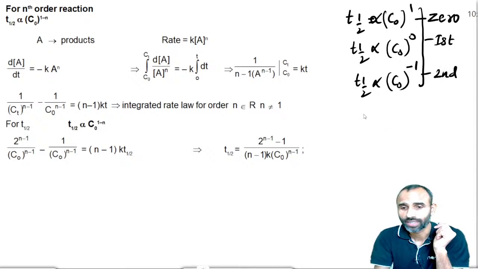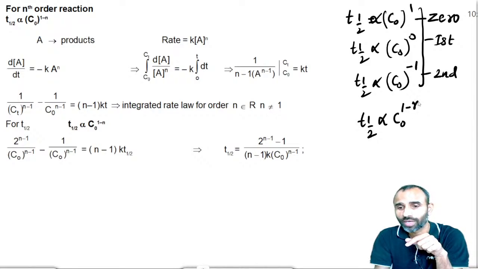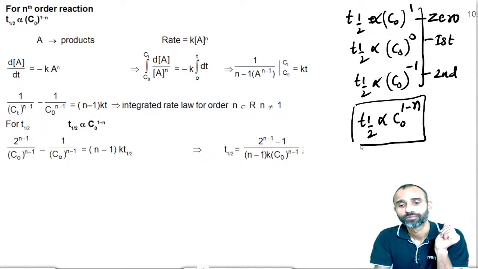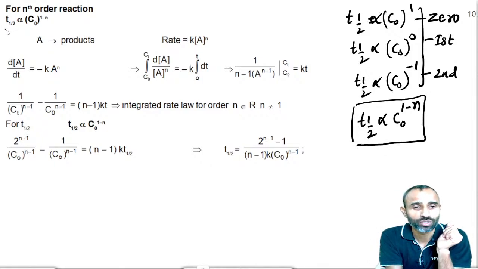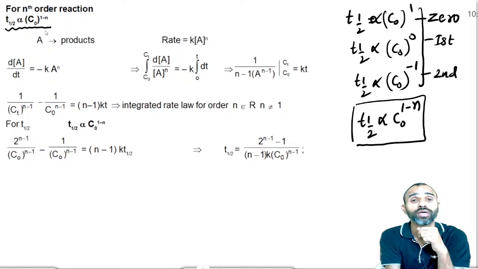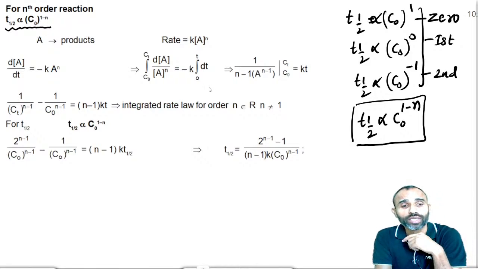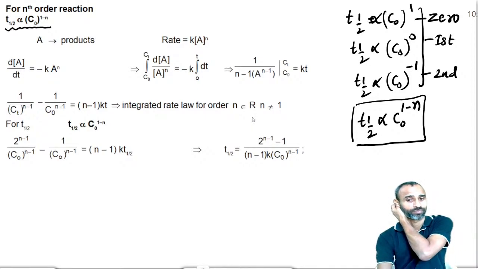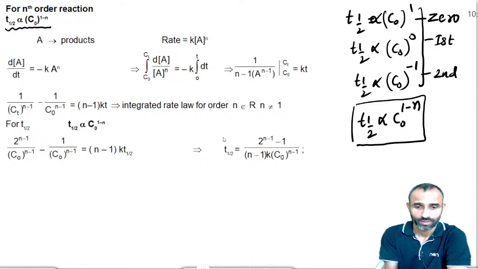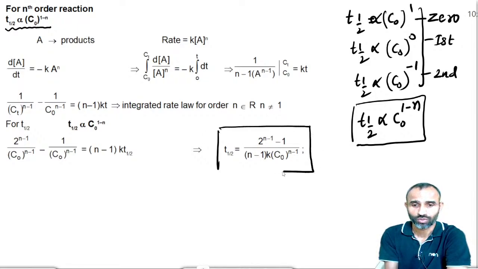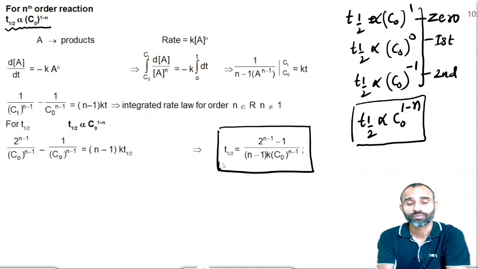That implies for nth order reaction, t half is proportional to C naught raised to power 1 minus n.